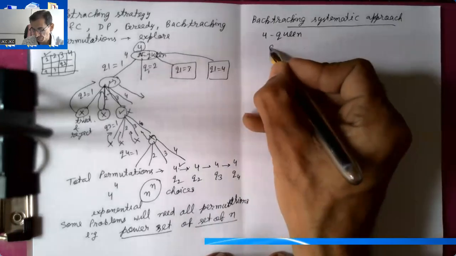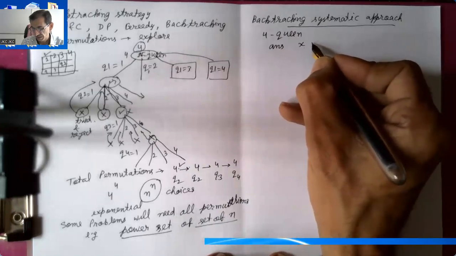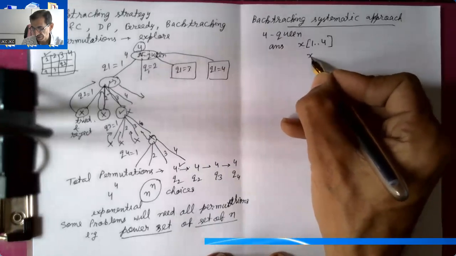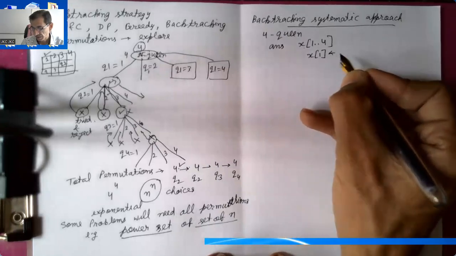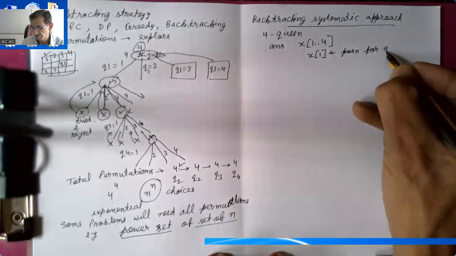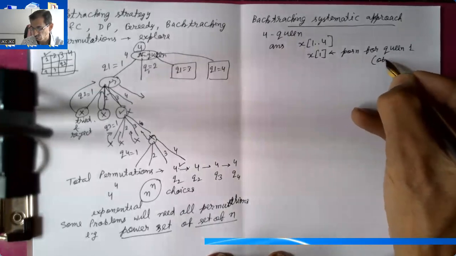So what effectively we have done here is, let's say for the 4 queen problem, I want the answer to be generated as an array X[1 to 4] in a way that X1 will tell the position for queen 1, and that is obviously in row 1.